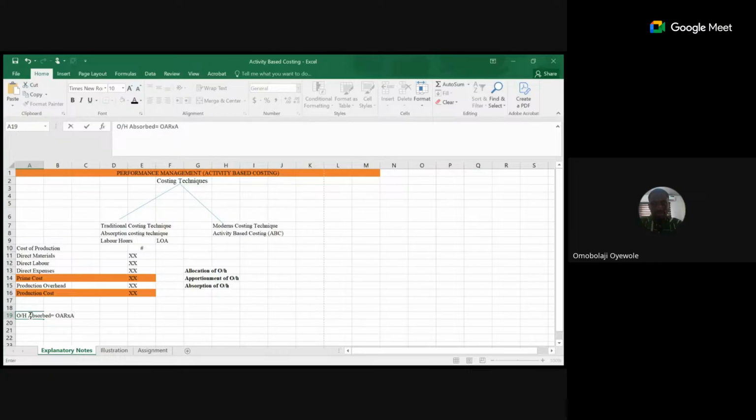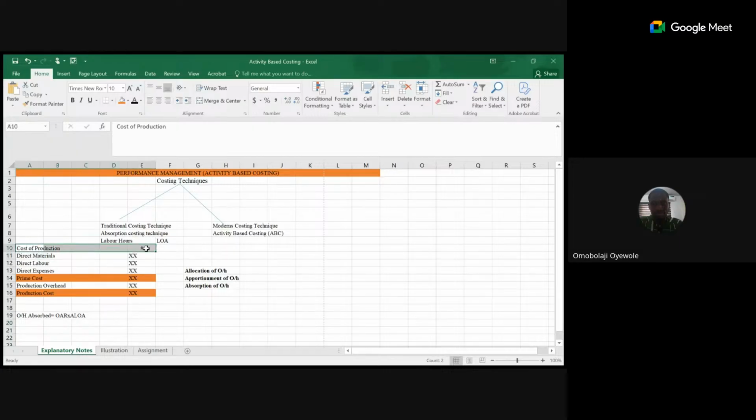Based on the traditional absorption costing technique, it means that if I have many overheads incurred in that organization, all those overheads will be charged on the basis of just a single level of activity, which will cover the whole overhead that has been incurred for the period.